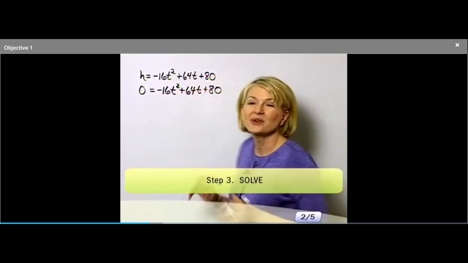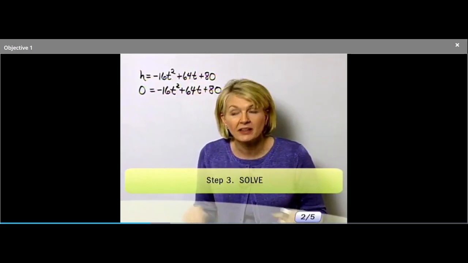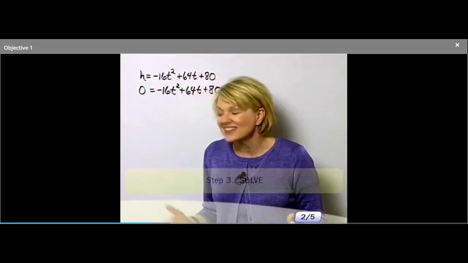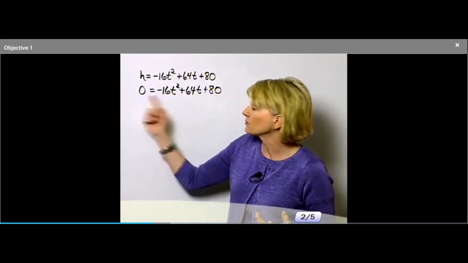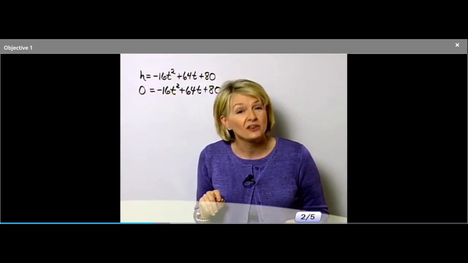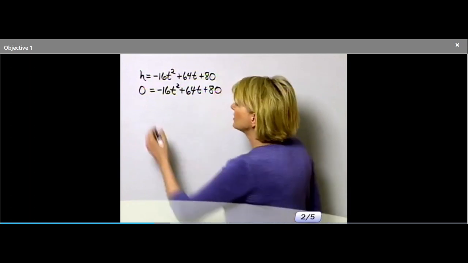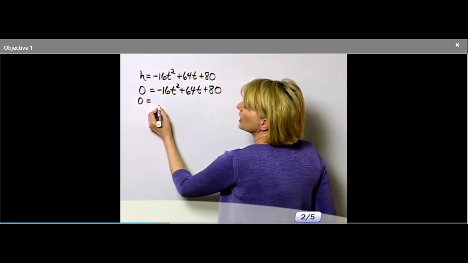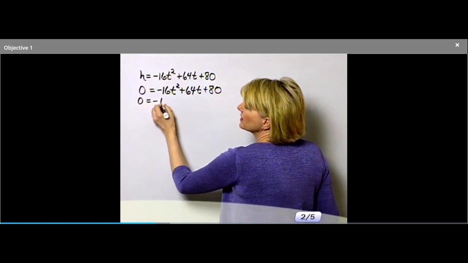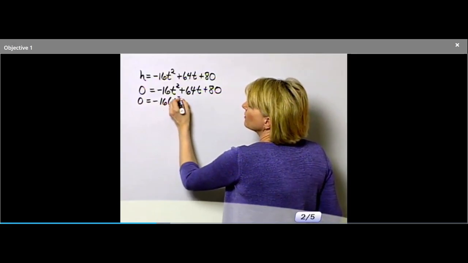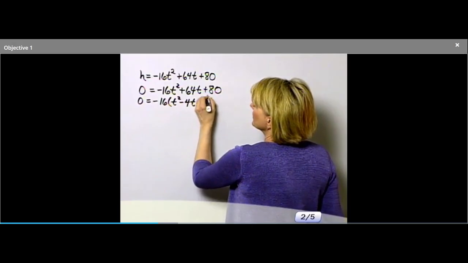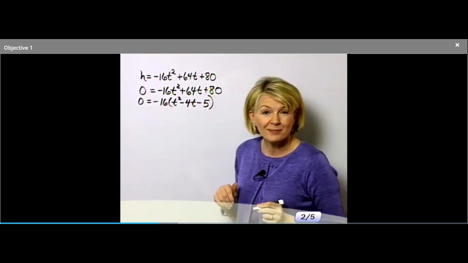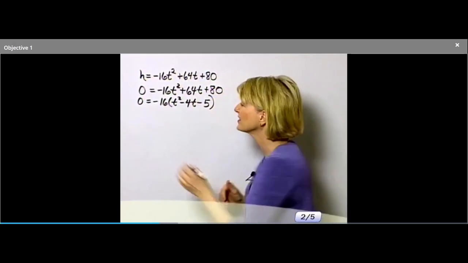Now let's just concentrate on this quadratic equation a moment. How do you solve a quadratic equation? You write it in standard form as it is, because this side is 0, and now you factor the other side. There is a common factor of 16. As a matter of fact, I'll factor out negative 16, and I'll let you check by multiplying, make sure I'm correct.